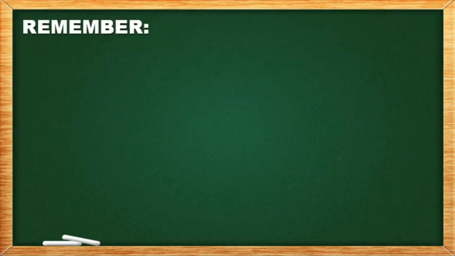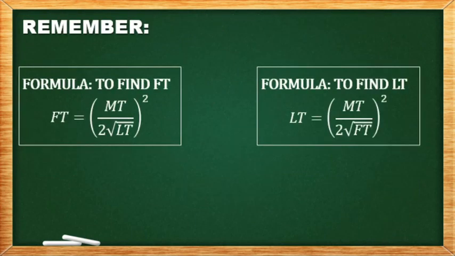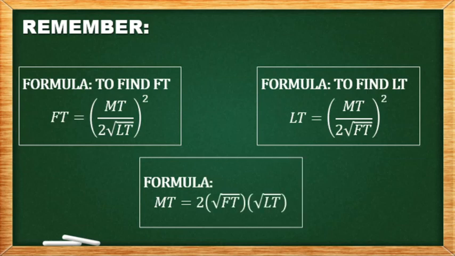Remember the three formulas to find the missing part of a trinomial. The formula to find the first term is what? Ft is equal to the square root of Mt over 2 times the square root of Lt. The formula to find the middle term is 2 times the square root of Ft times the square root of Lt.